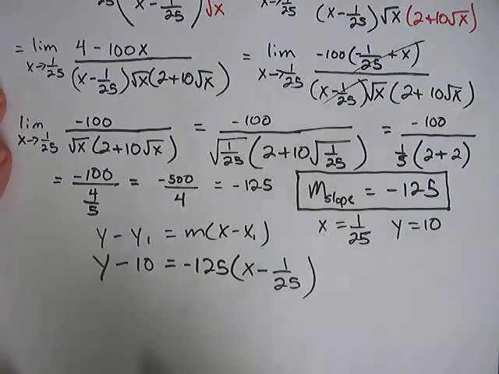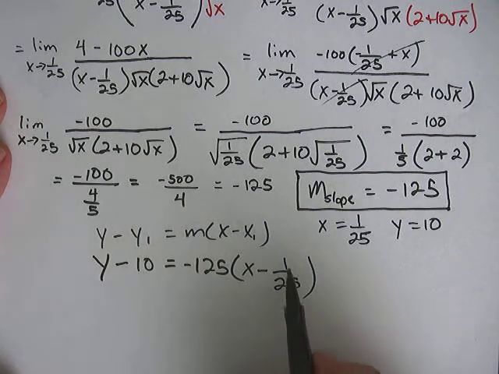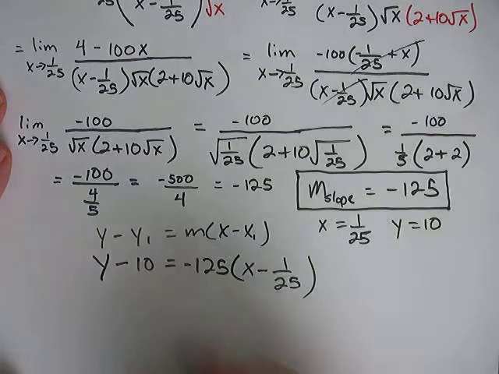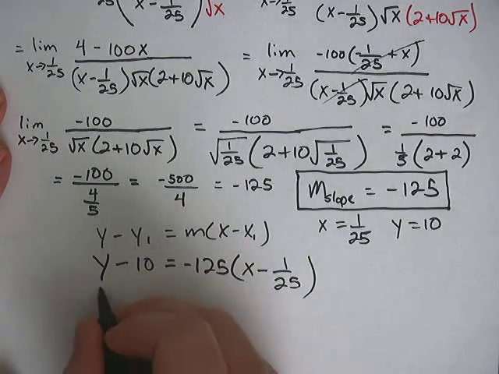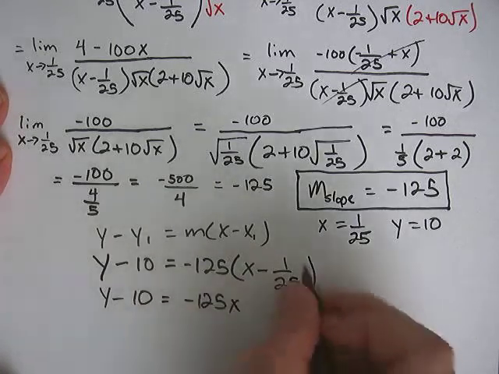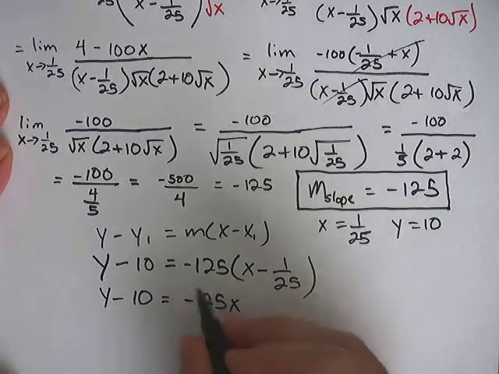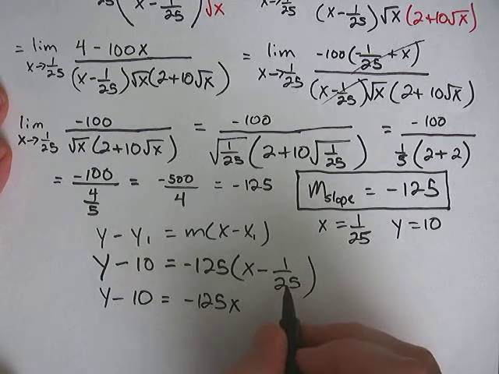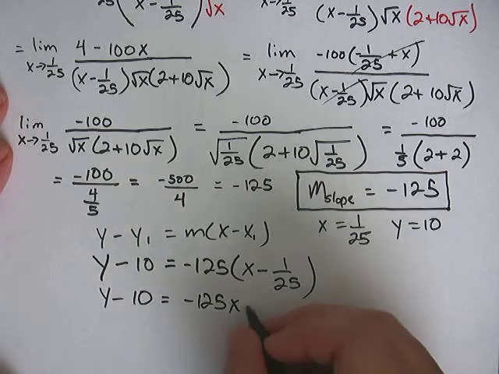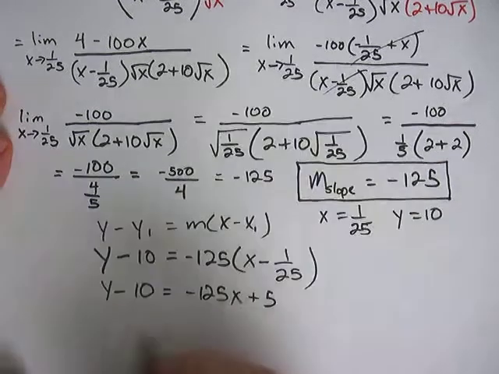So we plugged in our 10 into where it has the y1, and we plugged in 1 over 25 into the place where it has x1. So we get y minus 10 is equal to negative 125x. I'm distributing. When I distribute a negative 125 to a negative 1 over 25, it becomes positive. 25 goes into 125 how many times? 5.